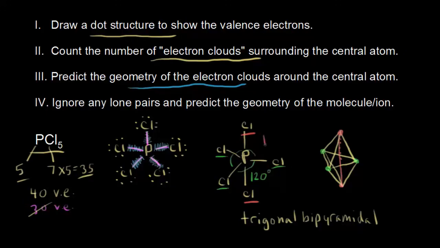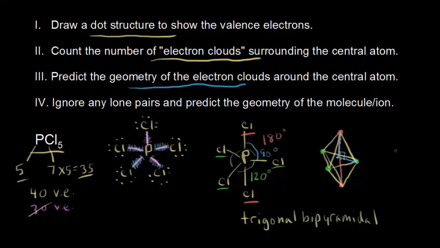So you could think about a bond angle of 180 degrees between your chlorines like that. And then finally, if we think about the bond angle between this axial chlorine up here at the top and one of these green chlorines right here, I think it's a little bit easier to see that's 90 degrees. So this bond angle right here would be 90 degrees.